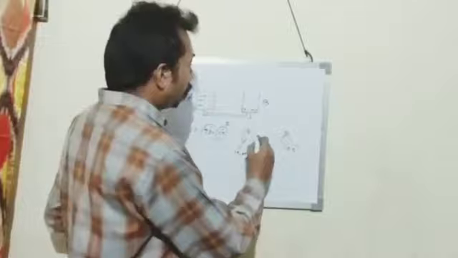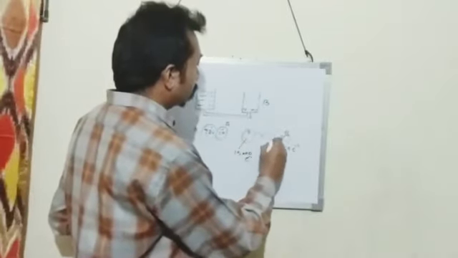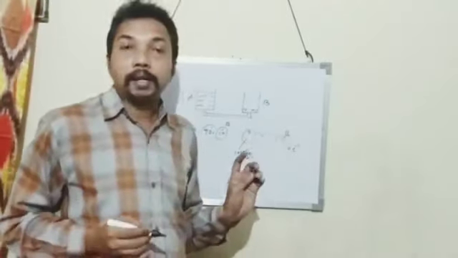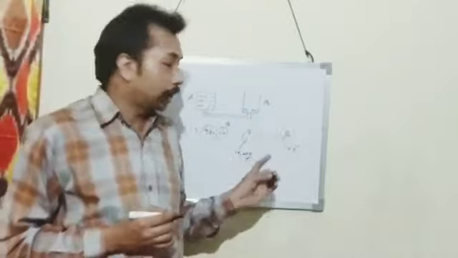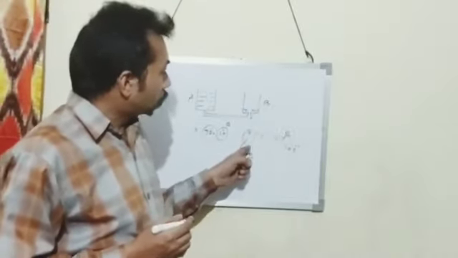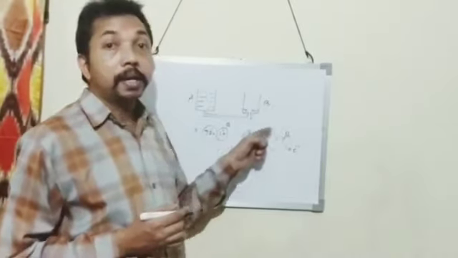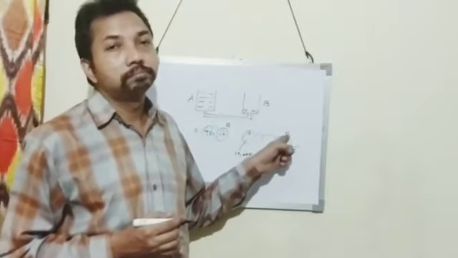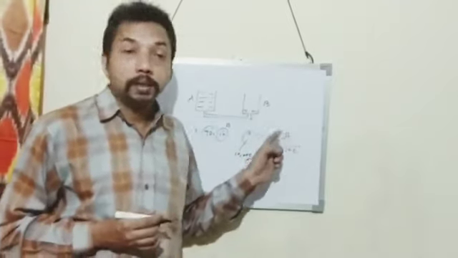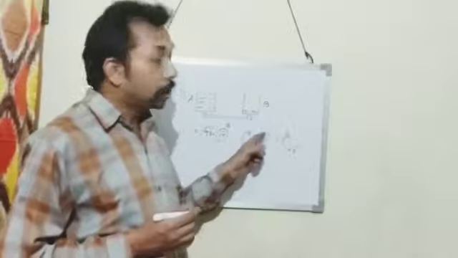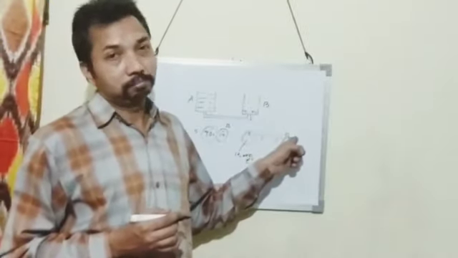If these two bodies A and B are connected with a conductor or a connecting wire, the electrons will flow from A to B.